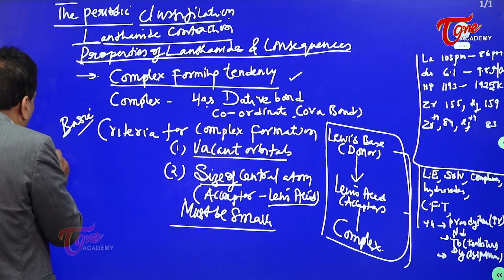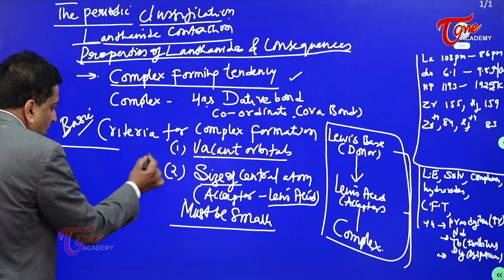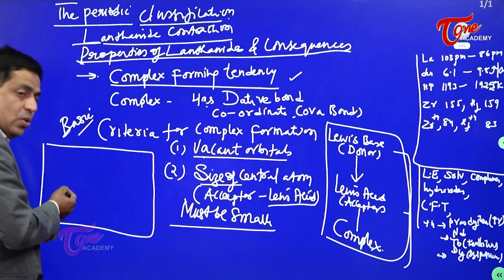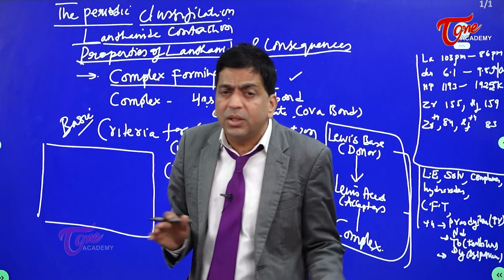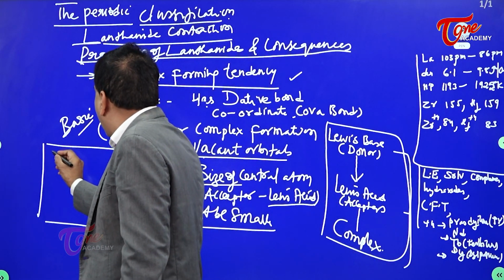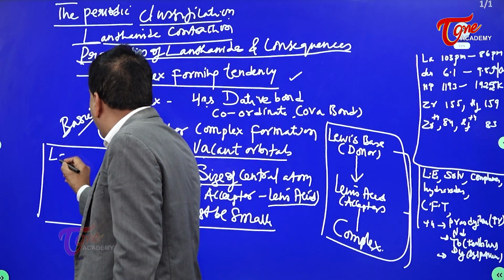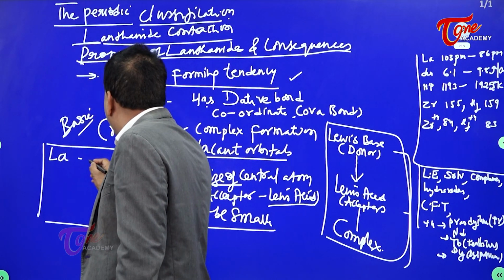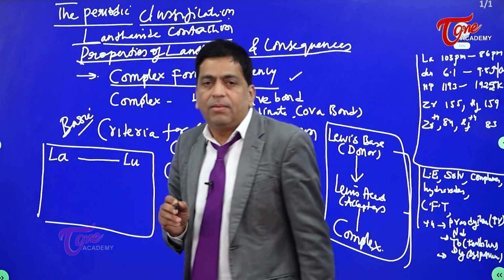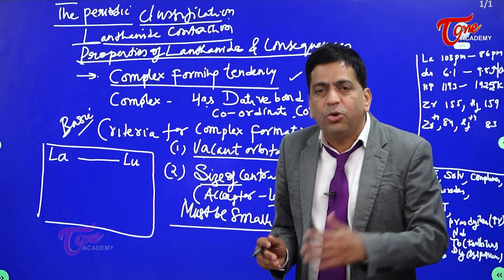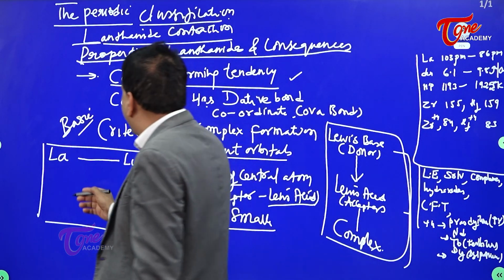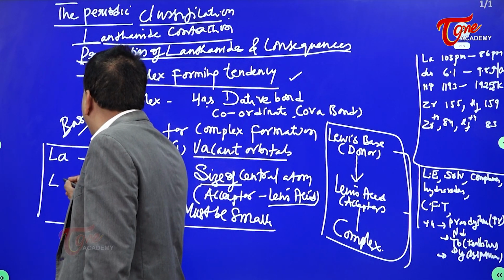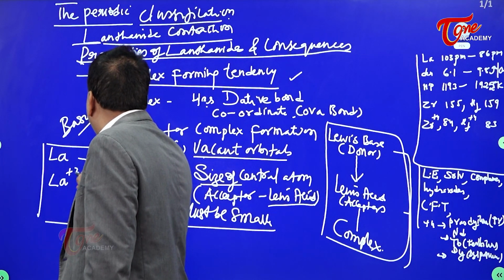And look into this. If you look into the lanthanides, it is from lanthanum to lutetium. From lanthanum to what? Lutetium. From lanthanum to lutetium, right? This will also form La plus 3.